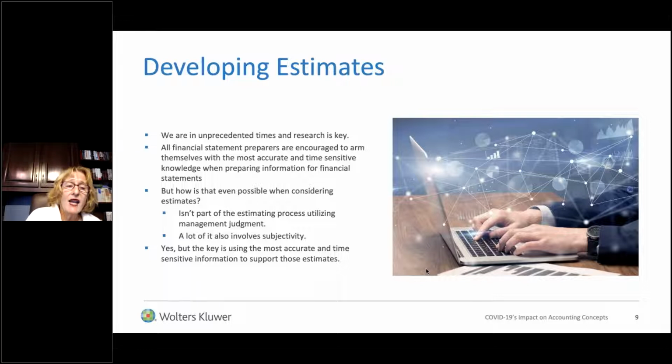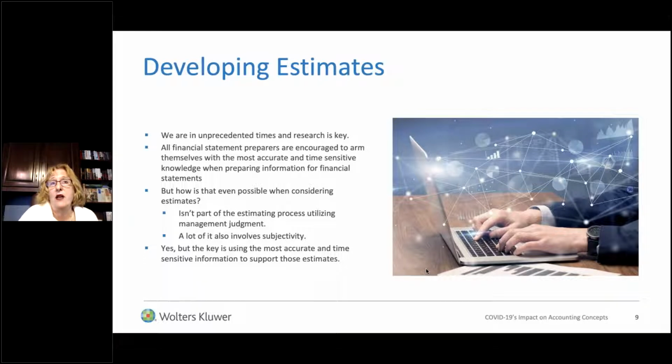So how is it possible really to arm yourself with the most accurate information when we're considering estimates? Well, isn't part of the estimating process using management judgment? Yes, it is. So using management judgment and your knowledge of what's going on, not just in your industry, but it could be within your jurisdictional sector of where you live.